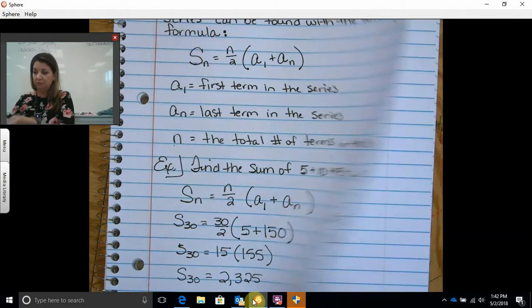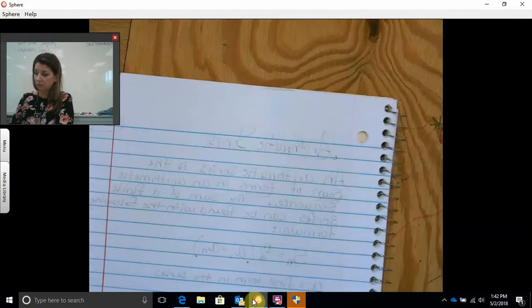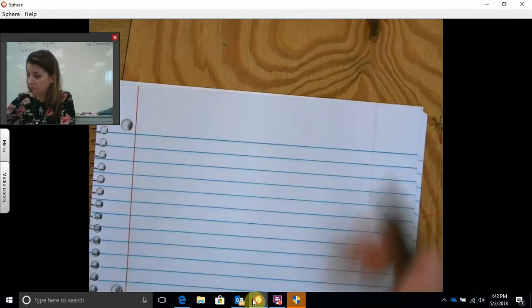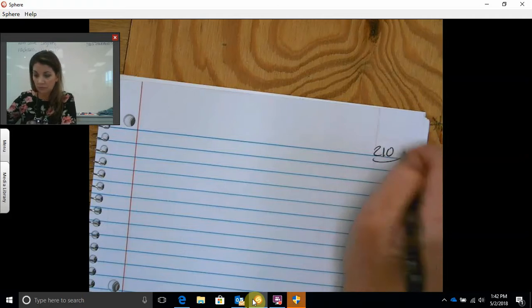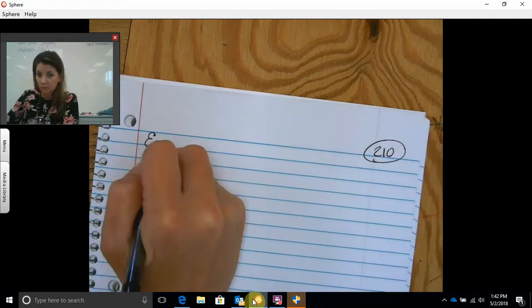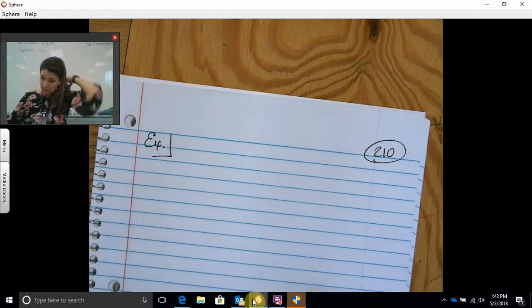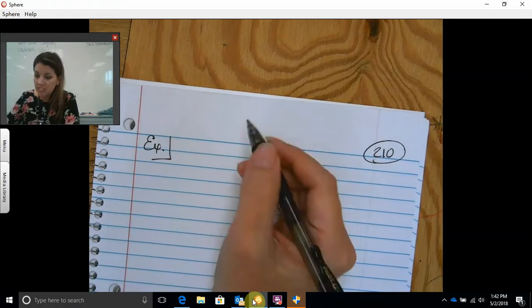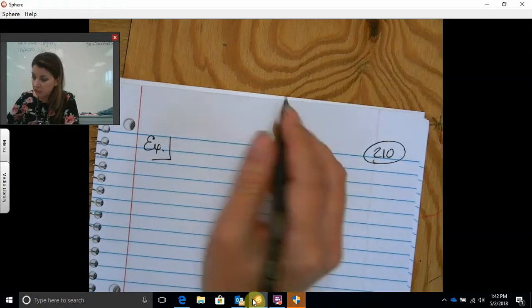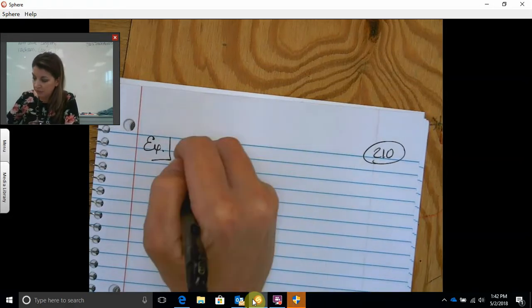Page 210. What is the sum of the even integers from 2 to 100?